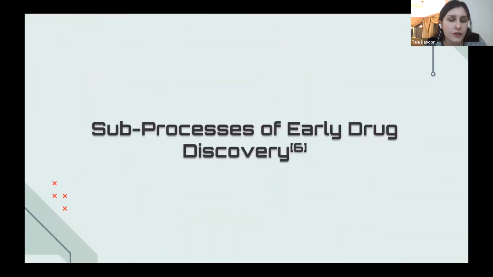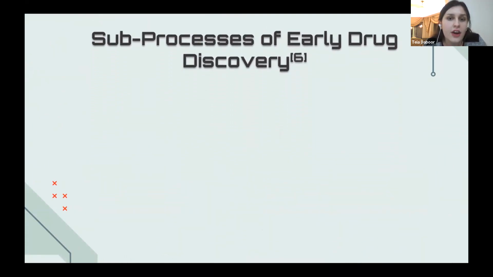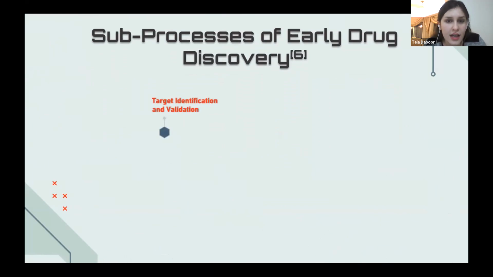Let's now talk about sub-processes of early drug discovery. As I said earlier, there are 4 main critical processes, but in between each one, there are sub-processes. Now, sub-processes of early drug discovery are of great importance. The first is target identification and validation.